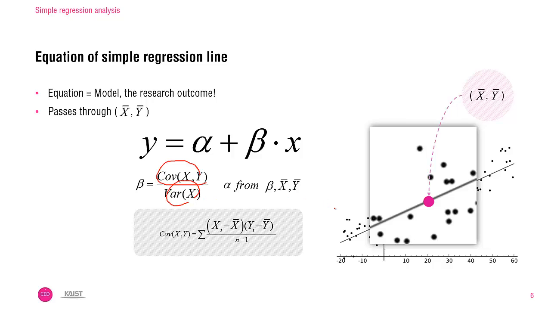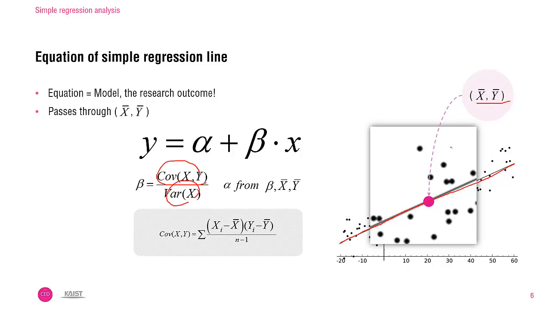And this line definitely passes through the mean value of x and the mean value of y. So this line passes through the point (mean x, mean y).